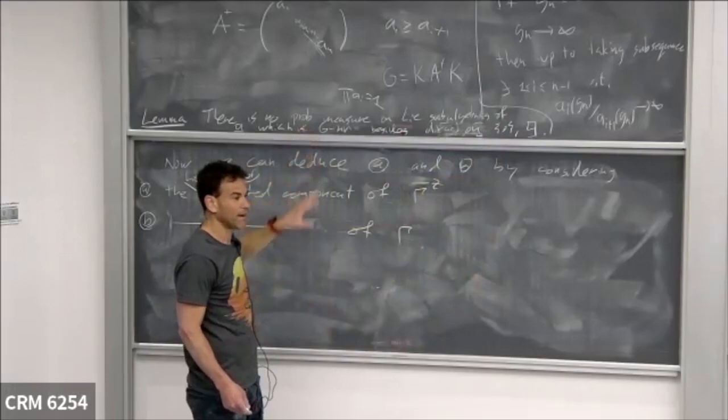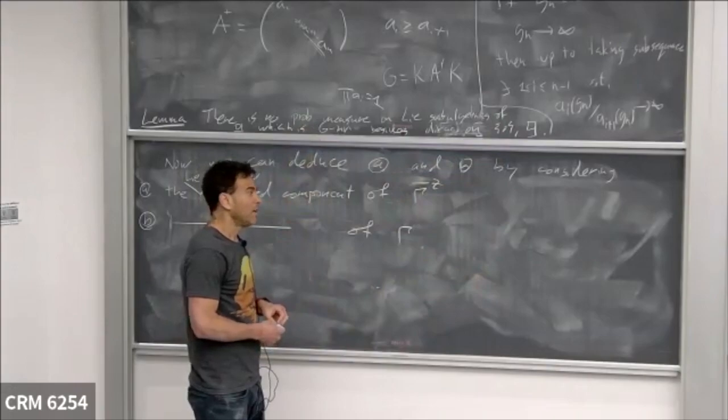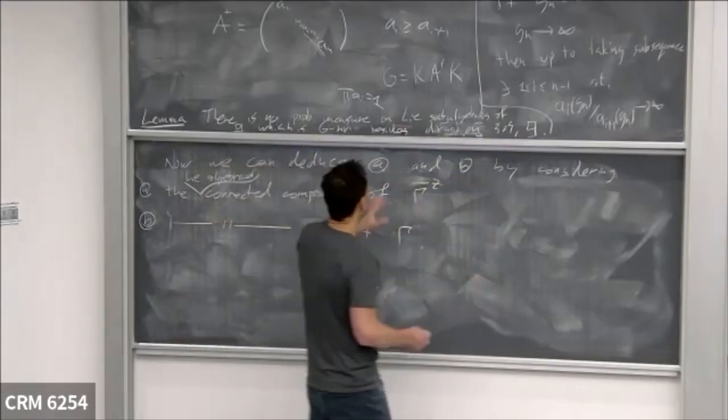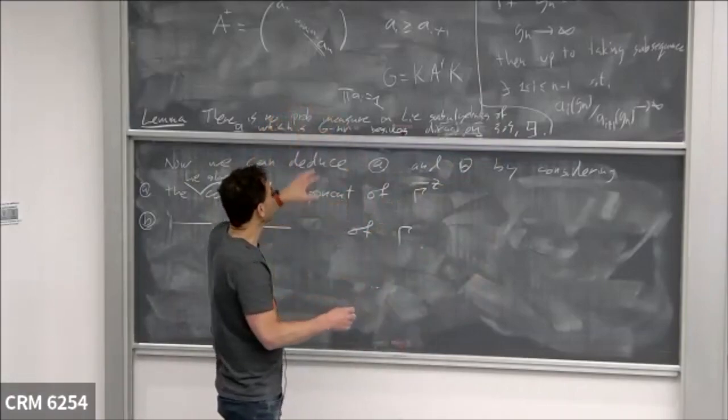Because the Fürstenberg lemma was not only true for simple groups, it was true for any group, right? And now we need simple. So I use G both for GLN and for the subgroup.